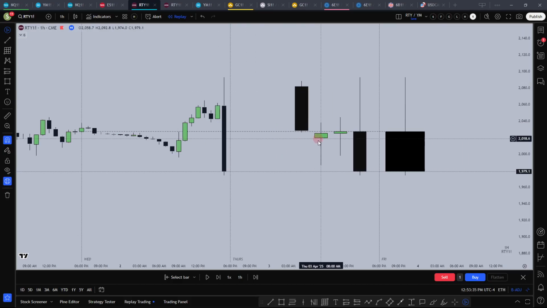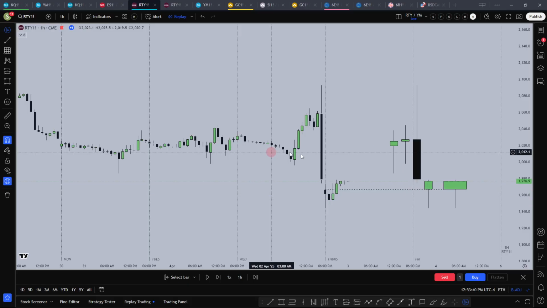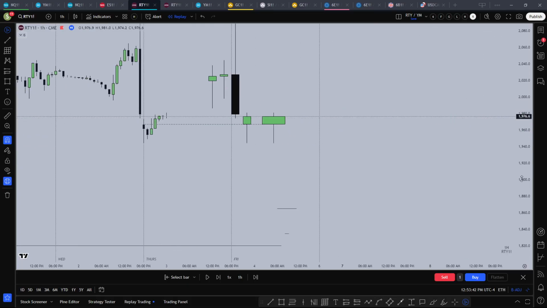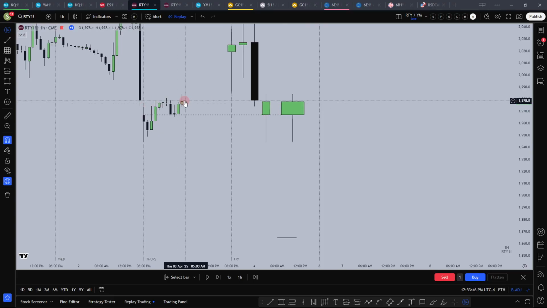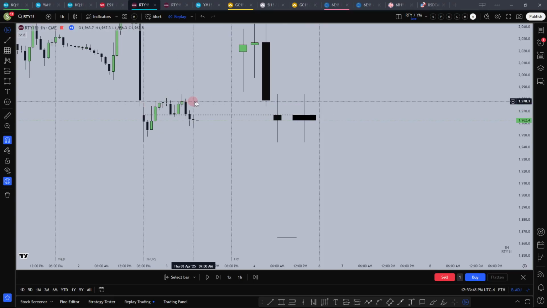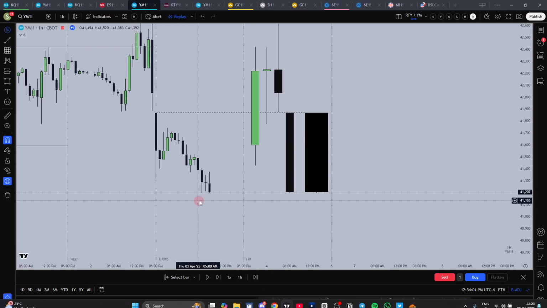So price comes, makes an established high above the current high of the day, then starts to displace lower. I wanted to first play the price action, then talk about the move. Yes, this was the plan. Okay, nice.